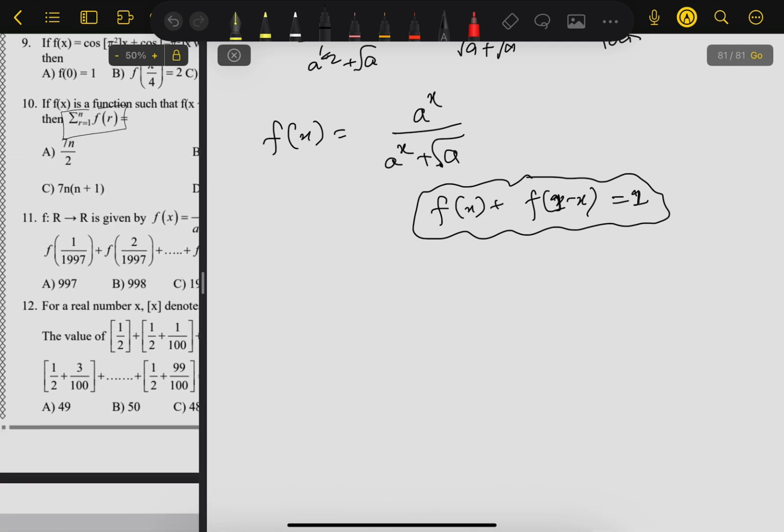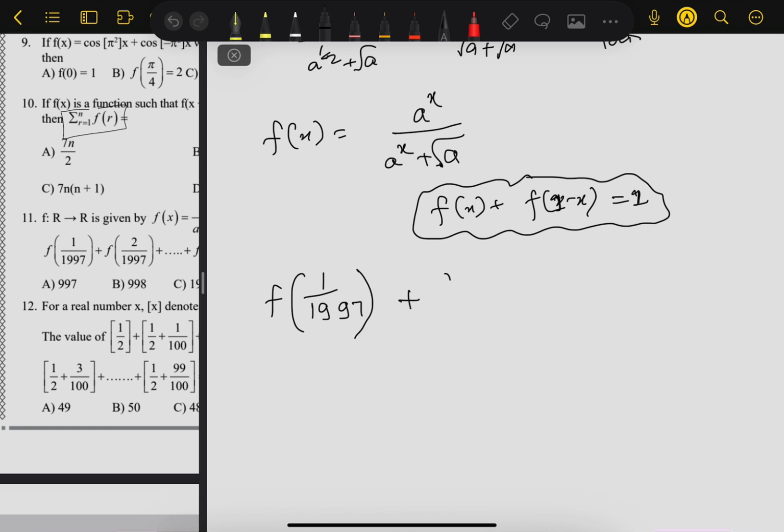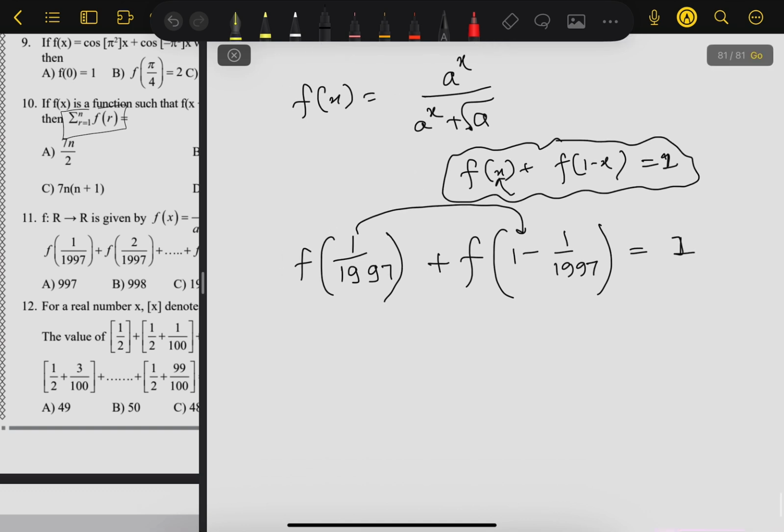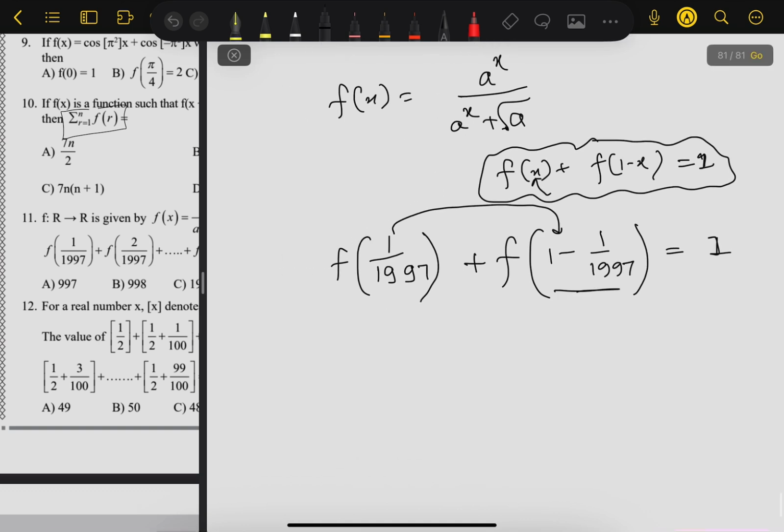As you can see in this expression, f of 1997 plus f of something, you can directly take some value of x, and write the same function taking 1 minus x. So if I take the value of x here, the second one should be 1 minus 1997. If you get this type of expression, then the sum of these two functions will be equal to 1.